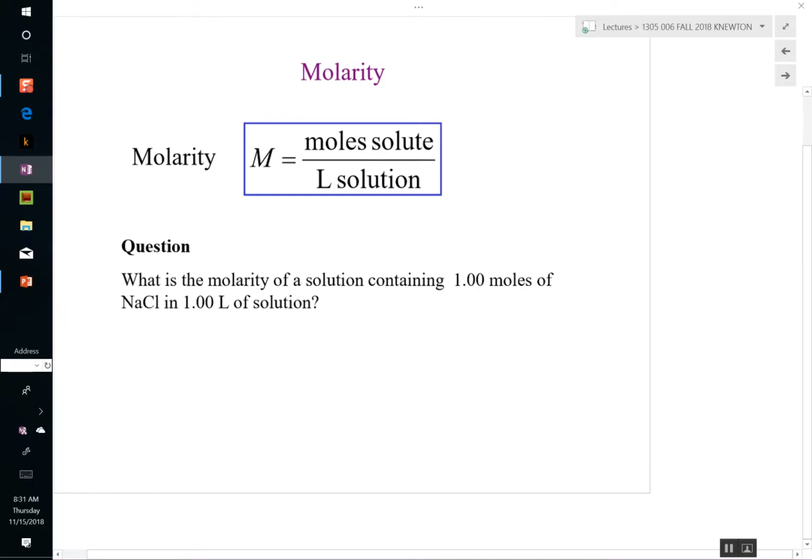So what is molarity? It's moles of solute per liter of solution. Here is a liter.